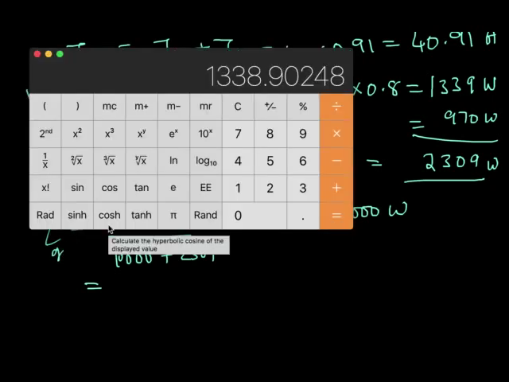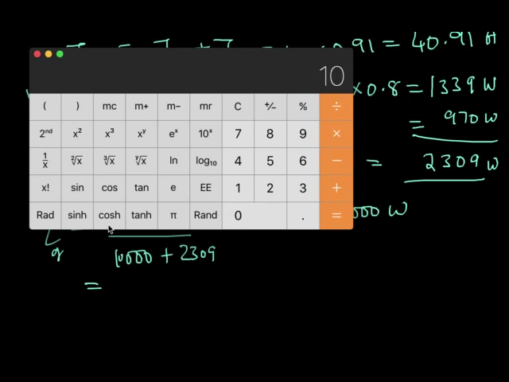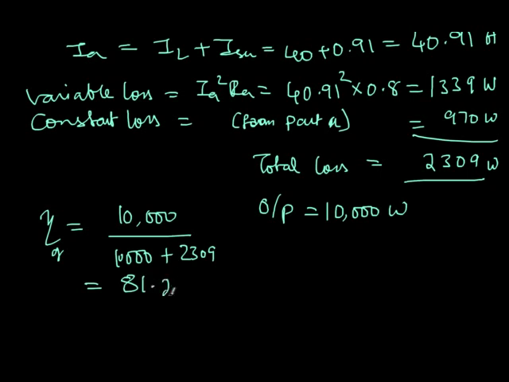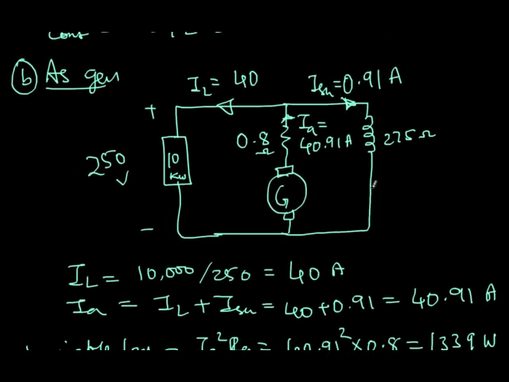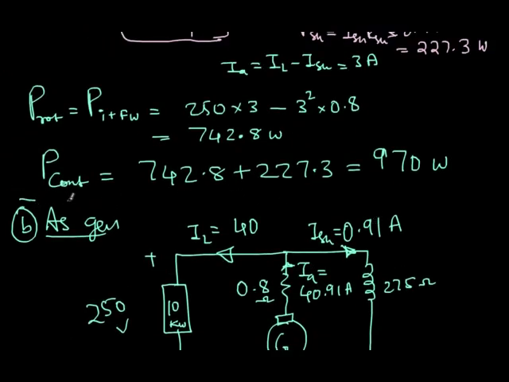So 10,000 divided by, I open the brackets, 10,000 plus 2309. That will be 81.24%. So this is how the Swinburne's test is helpful. So this is part B.